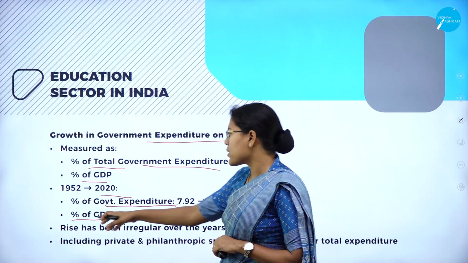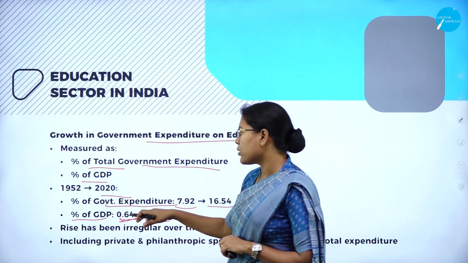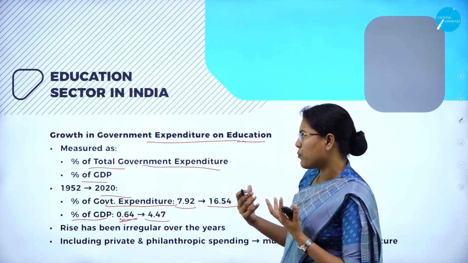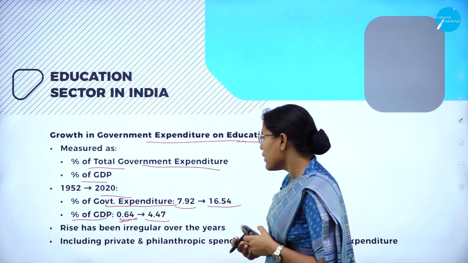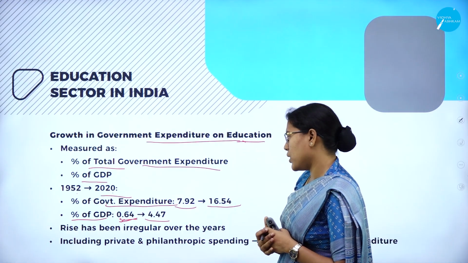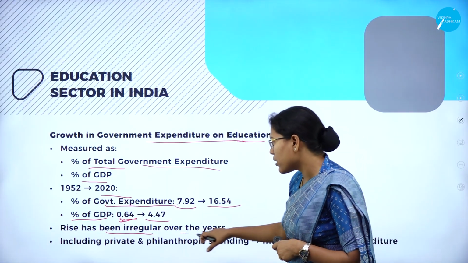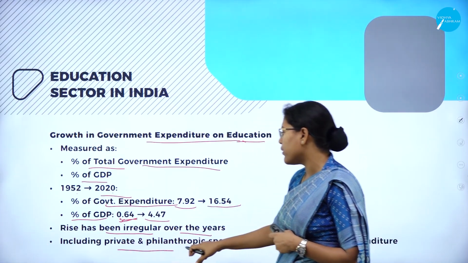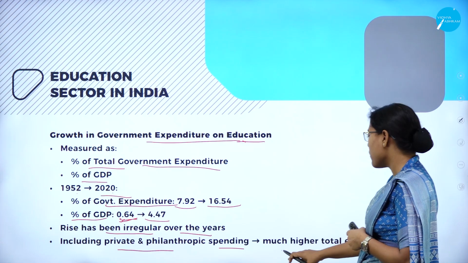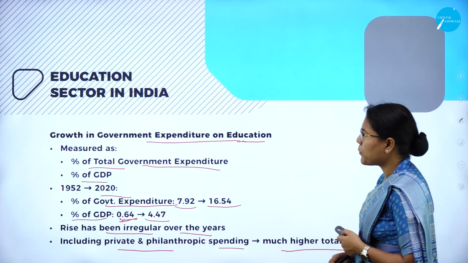Here the percentage of GDP refers not to the overall GDP but to the contribution of the education system towards the GDP. The rise has been very irregular over the years, but it also includes both private and philanthropic spending, making the total expenditure much higher.